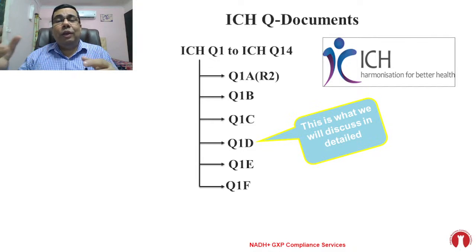ICH Q1A(R2) is for stability study of drug substances and drug products. ICH Q1B is for photostability. Similarly, ICH Q1D is for the bracketing and matrixing approach for stability studies. And today we are going to discuss this ICH Q1D.